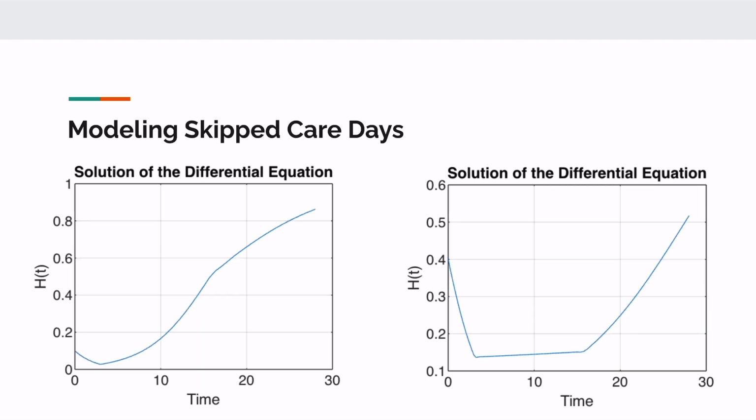Unlike the previous 2 models, these 2 graphs convey what happens when certain days are skipped or the amount of skin-to-skin contact time isn't entirely consistent throughout all 28 days. For example, in this second graph, between the days 0 and 3, the skin-to-skin contact time was set at 1. This plummeted the health score of the newborn baby.